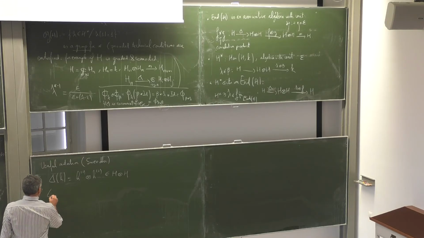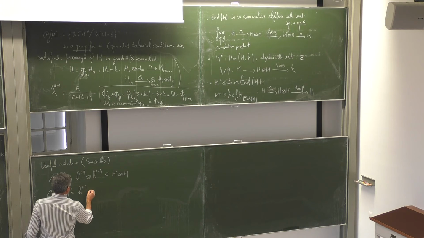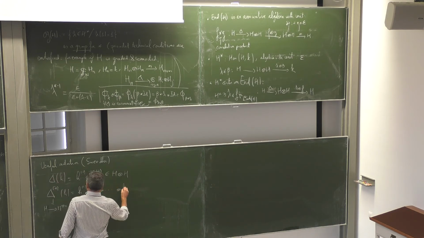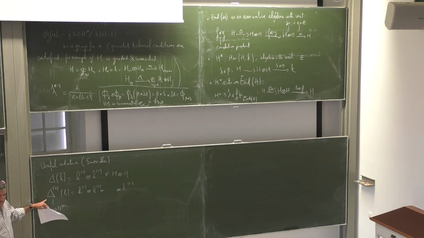It's usual when you iterate the coproduct as a map from H to H tensor n, to write this as H1 tensor H2 tensor Hn. So the coproduct is co-associative, which means that when you want to iterate it, you have to choose the place where you're going to apply it on tensor products.